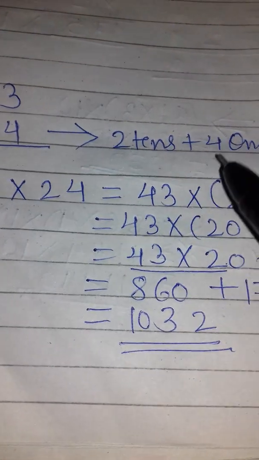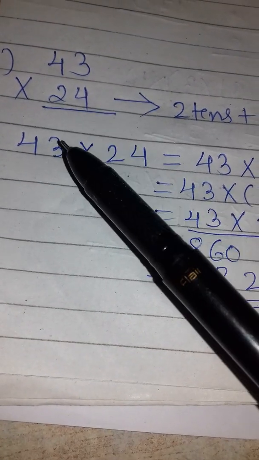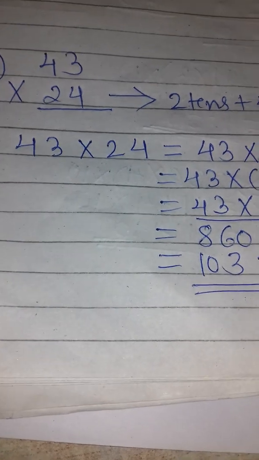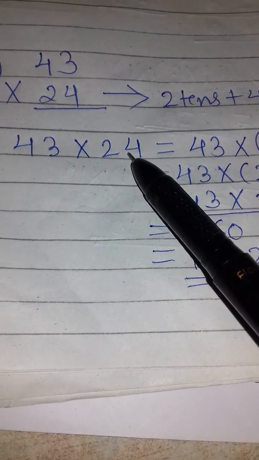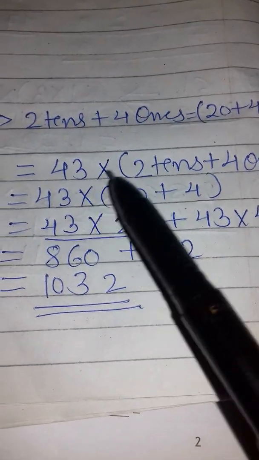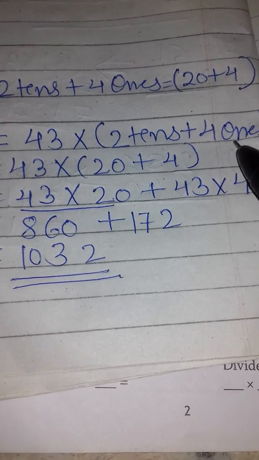Agree? Okay. So your question is 43 into 24. The multiplier is 24, so it means we have to multiply 43 by 24. That 24 is 2 tens and 4 ones.